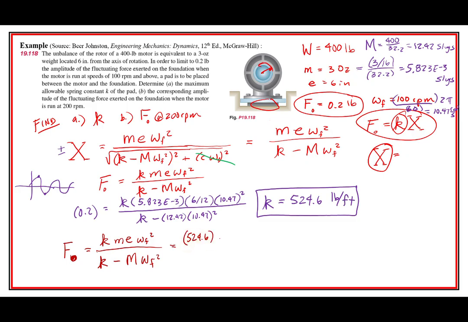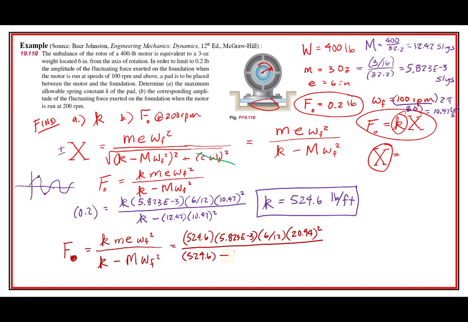524.6. Our M is, once again, 5.823 E minus 3. Eccentricity is 6 over 12, 0.5. Our omega F that we had up here is really just 2 times the one that we had. So let's go ahead and pretend like we knew what it was, which is like 20.94 squared. So let's say that we did that. We can say that, right?